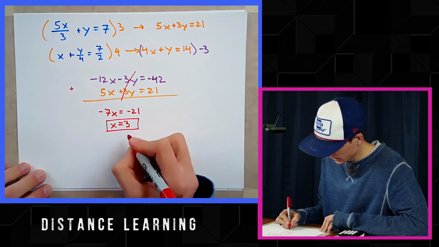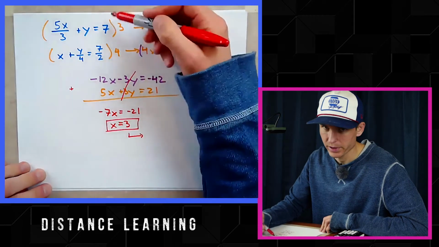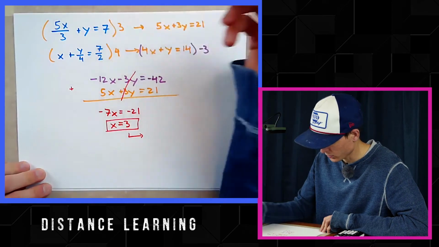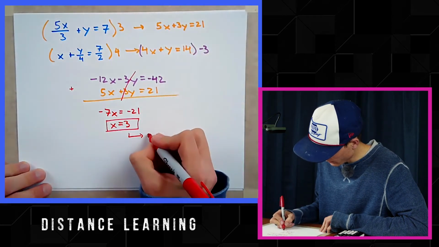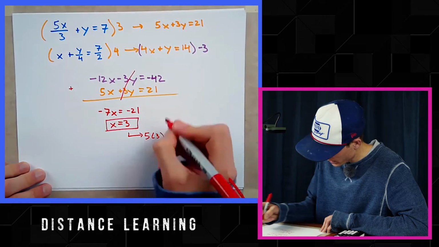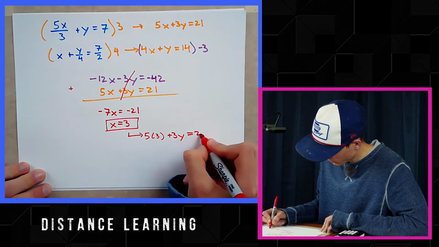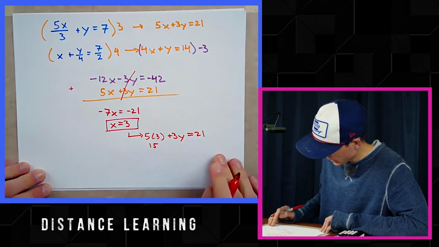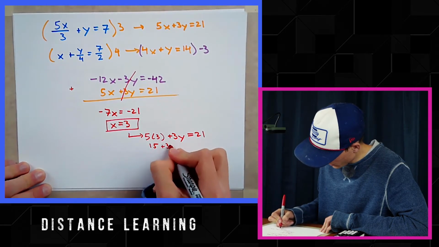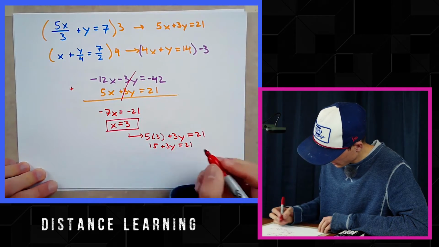Very nice. Normally I'd plug it back into the original, but I don't want to deal with fractions. So I'm going to plug it into this top one. 5x, so 5 times 3 plus 3y equals 21. That is 15 plus 3y equals 21.